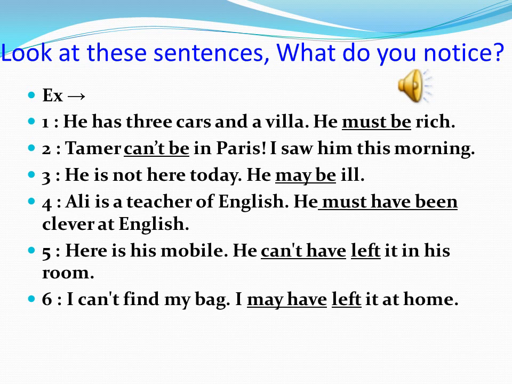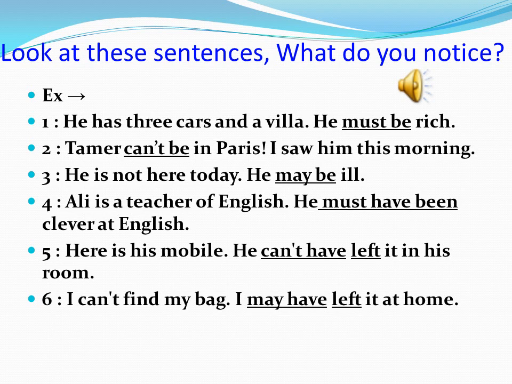But in the other examples, which express past events, he used must, can't, and may have plus past participle. So we can use these modal verbs to express possibility and deduction in the present and in the past.